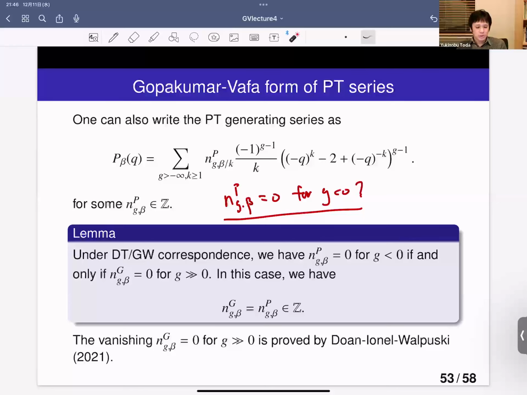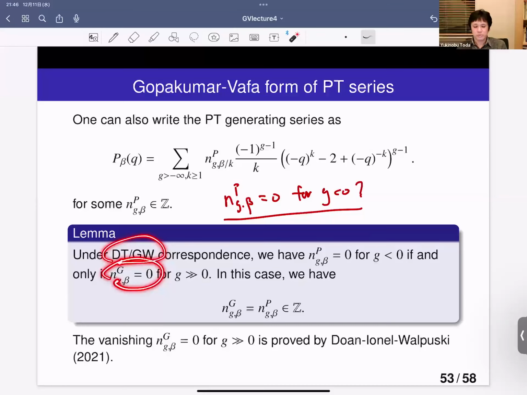However, this one was first proven from symplectic geometry. This vanishing was proven by Doan, Ionel, and Parker, again from symplectic geometry. This is a statement in algebraic geometry, and it is quite mysterious, but nevertheless, we know the DT-GW correspondence and we know this vanishing.